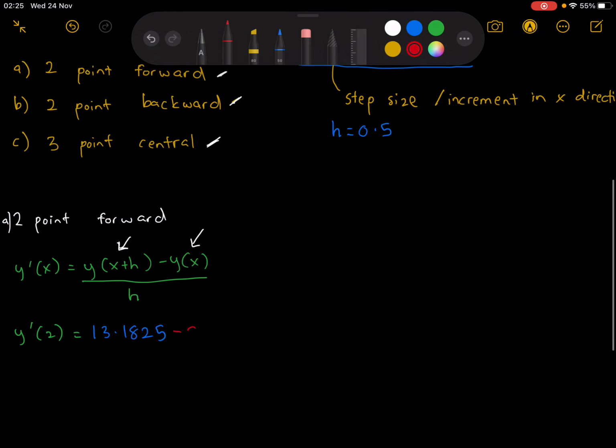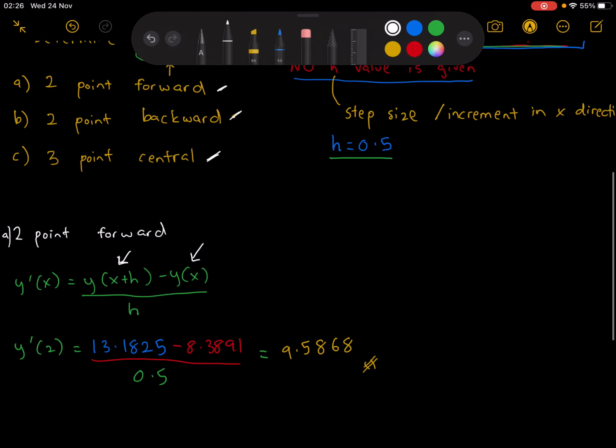So 13.1825 minus 8.3891, over our h value, which is given as 0.5. If we use our calculator straight away, we get the value of 9.568. It's quite straightforward, isn't it?